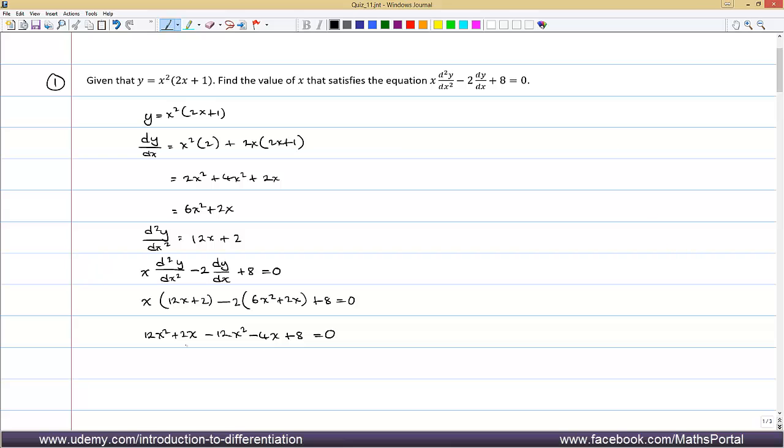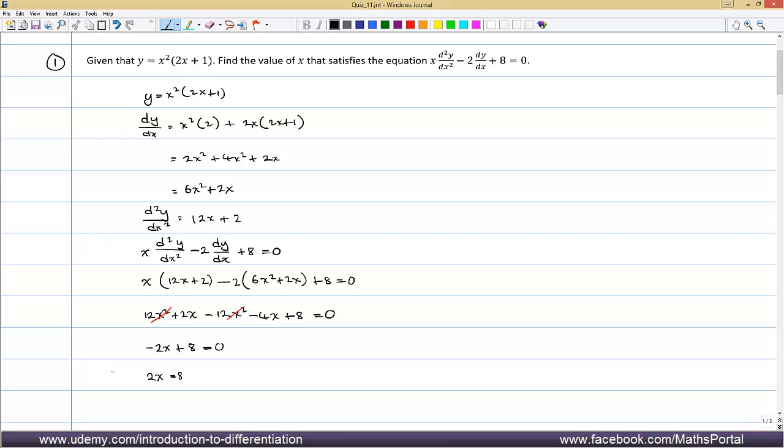Equal to 0. Okay, so 12x squared minus 12x squared, and we are left with minus 2x plus 8 equals 0. So 2x is equal to 8, and as such, x is equal to 4.